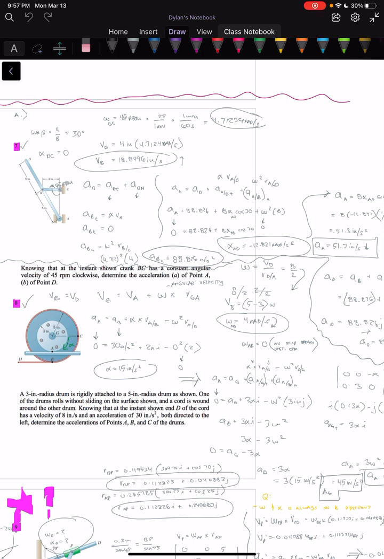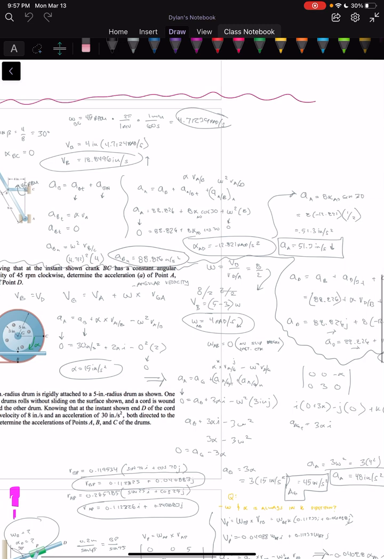So we were able to find the acceleration at B, the normal acceleration, and then solve for alpha. Then we used that alpha to plug back in and find the acceleration at point A.